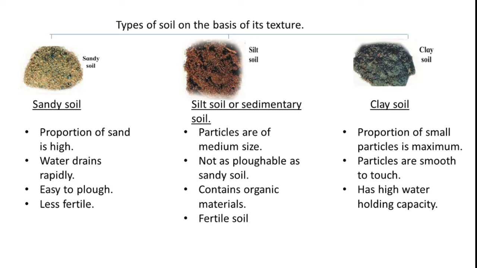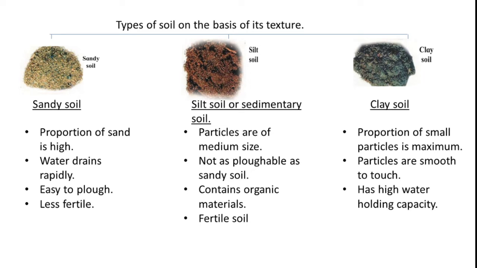Proportion of large particles is high, therefore water drains rapidly, and it is easy to plough due to the presence of sand. It is less fertile. Sand contains less organic matter. Silt soil or sedimentary soil.